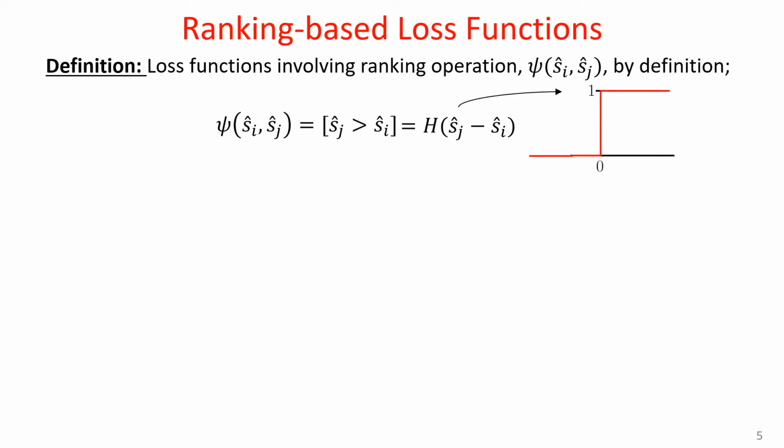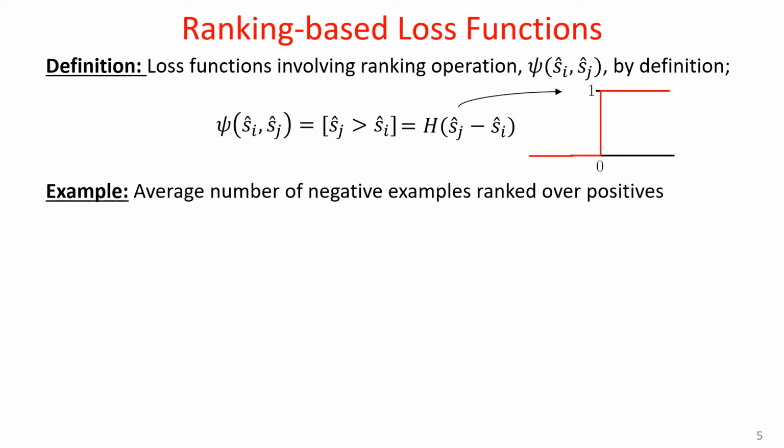As an example, on binary classification task with positive and negative classes, we can define a loss function as the average number of negative examples ranked over positive examples, namely the number of false positives, which can be represented by the expression on the screen.